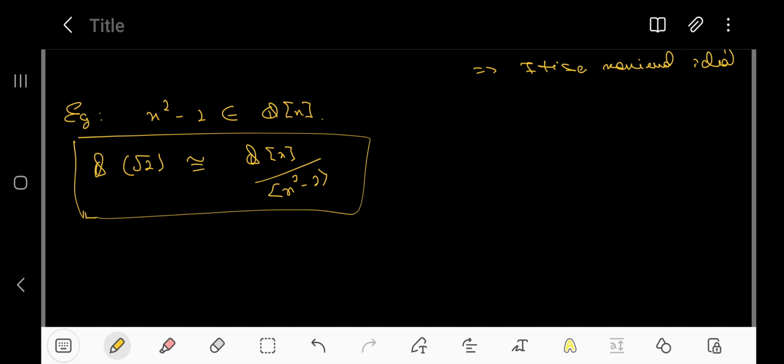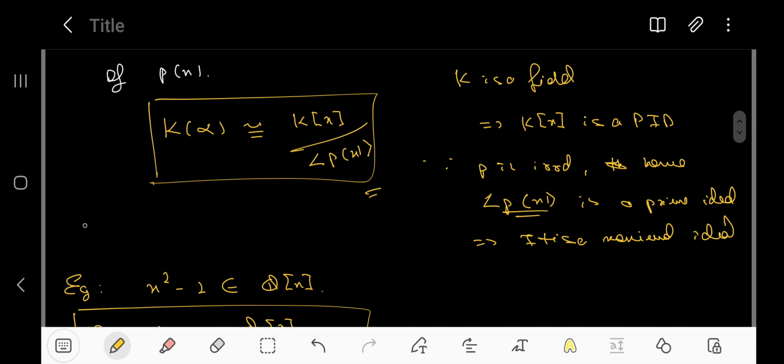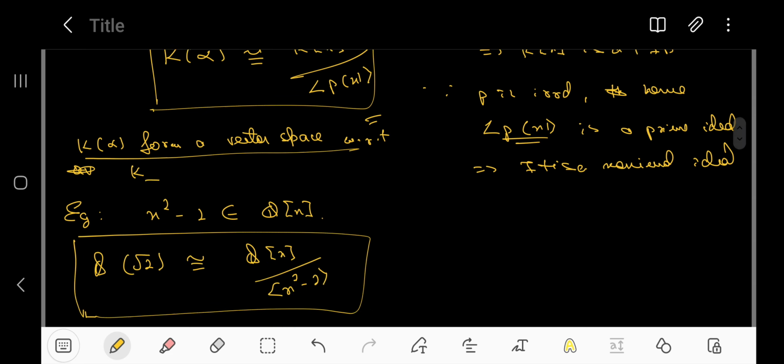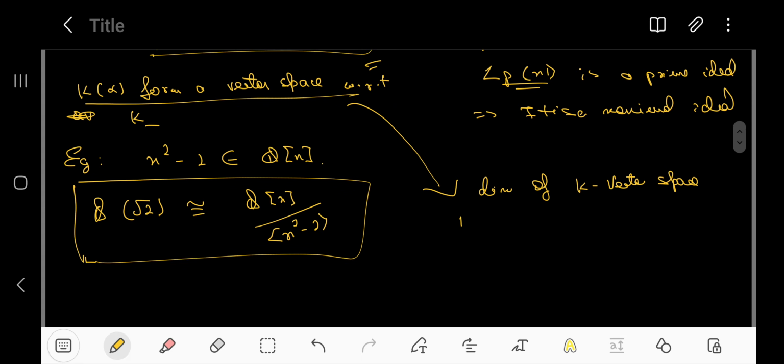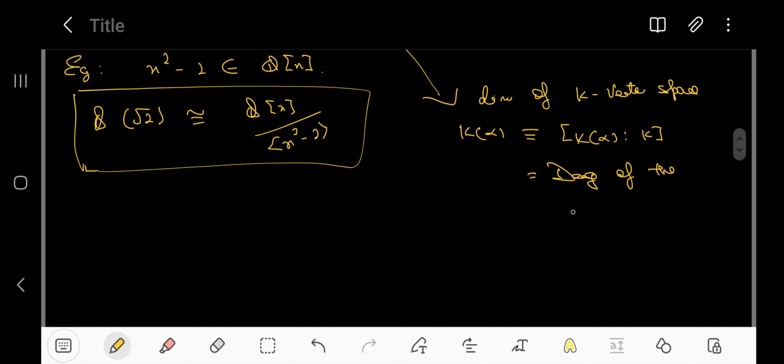Now in such a case, this K(alpha) forms a vector space with respect to K. The dimension of the K vector space K(alpha), which is also denoted [K(alpha) : K], is the degree of the minimal polynomial of alpha over K. Clear?